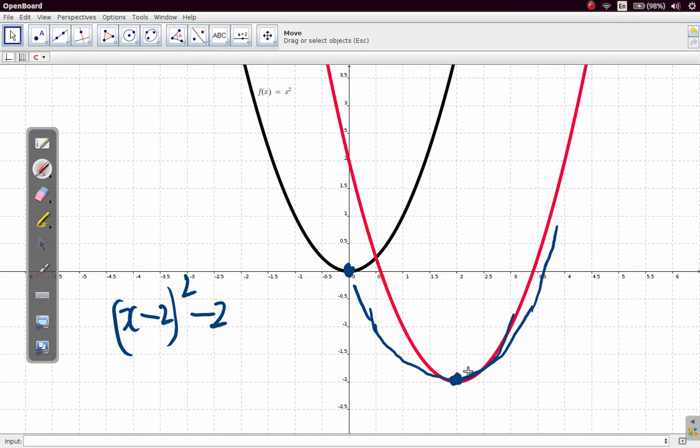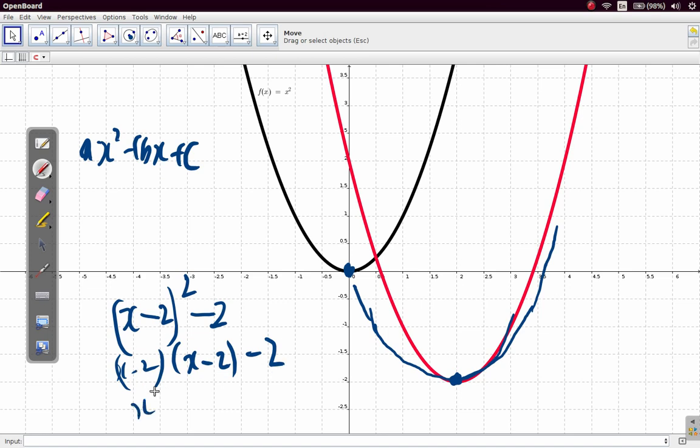In this case, you're given the graph and asked to write the equation of the graph. So it is this. And of course, if anyone asks you to write it in the form ax squared plus bx plus c, all you do is just expand the brackets. So you have x minus 2, then the minus 2 at the end.